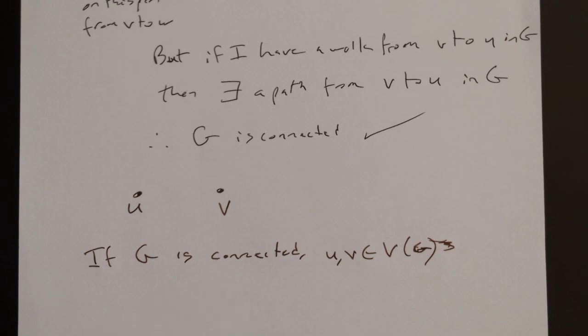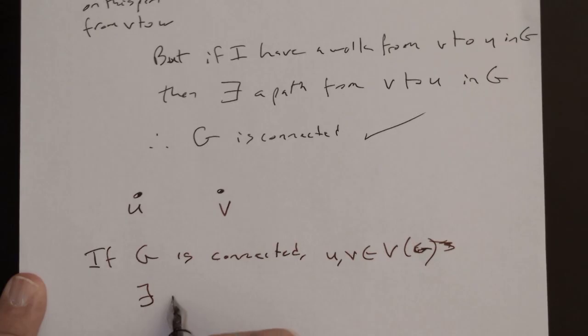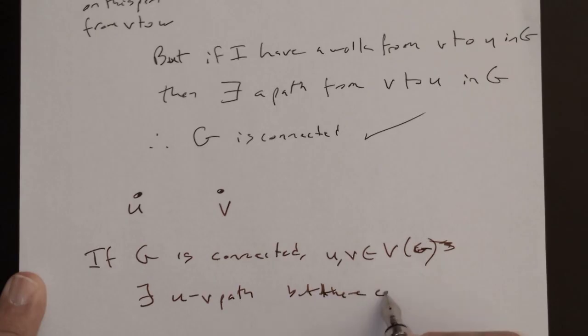I know since G is connected, there exists at least one UV path. But there could be more.